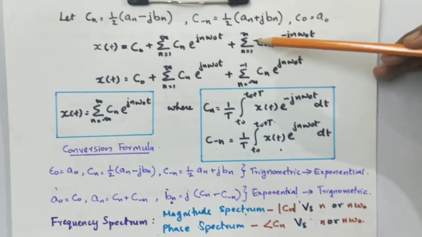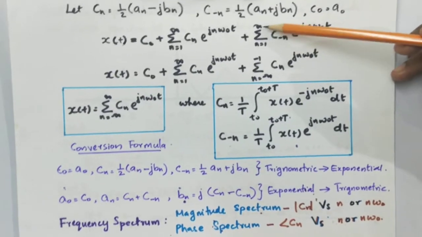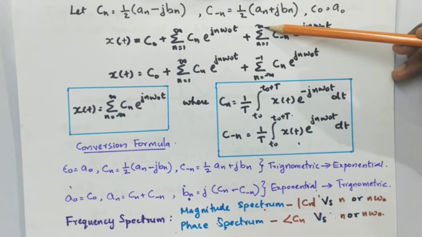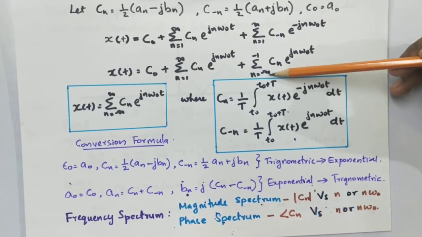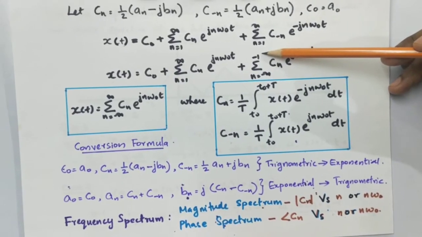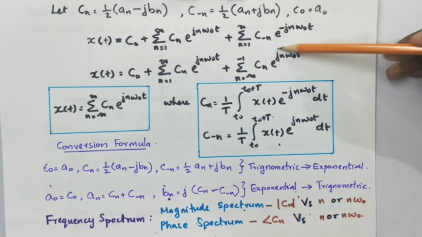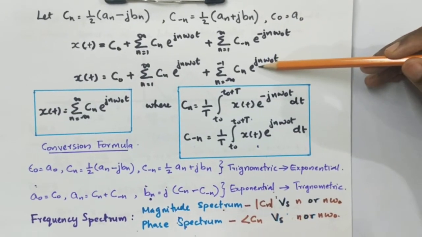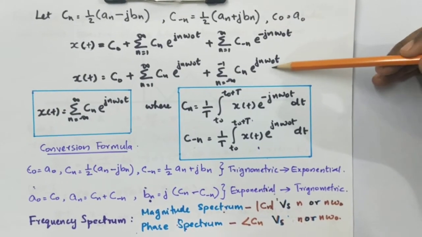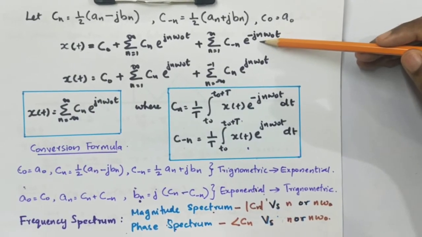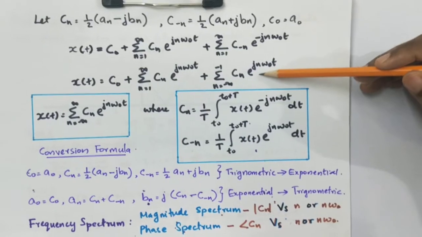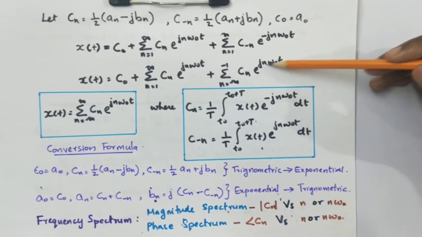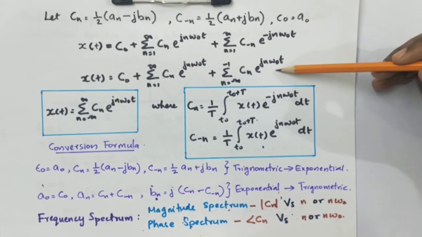The limit in the third term is n equal to 1 to infinity, so we change it to n equal to minus infinity to minus 1, so that we get e raised to jn omega 0 t there also, whereas here it is e raised to minus jn omega 0 t.